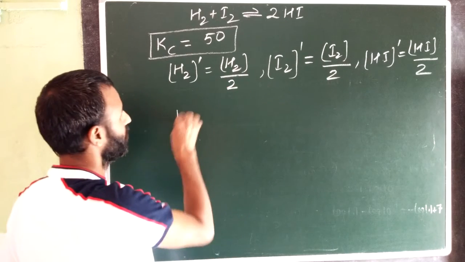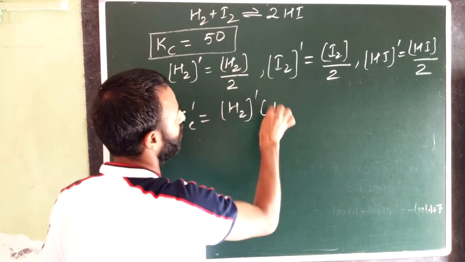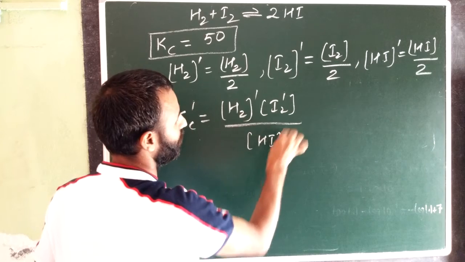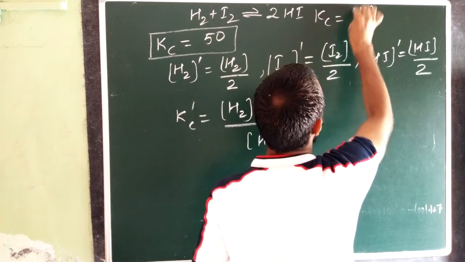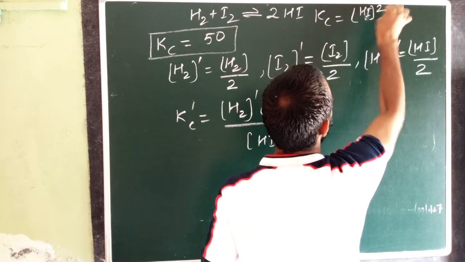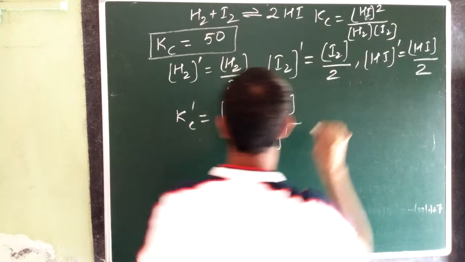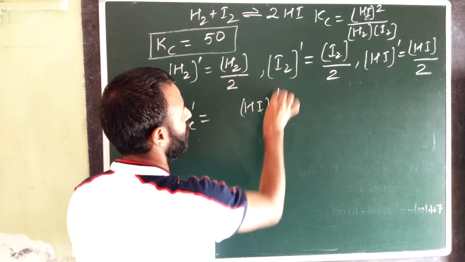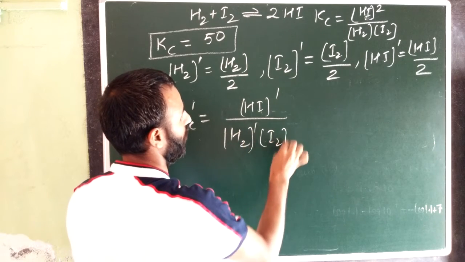So Kc dash equals HI dash squared over H2 dash I2 dash, and Kc is HI squared over H2 I2.